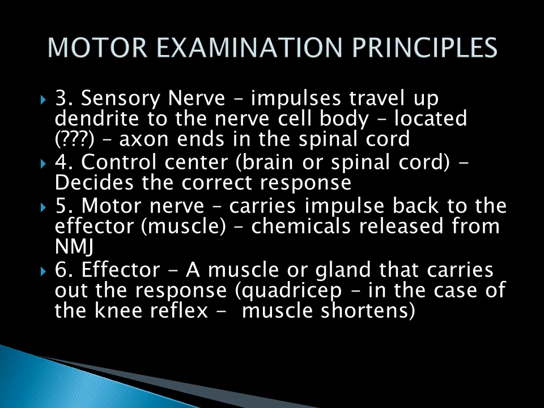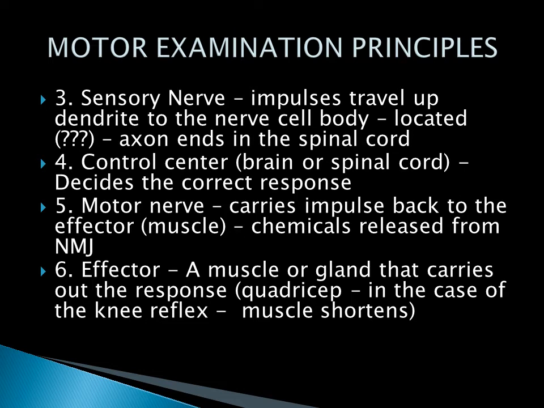Now, in the peripheral nervous system, the effector is a limited population of tissues. For the somatic nervous system, the effectors are skeletal muscles. And with the knee-jerk reflex, we are talking about skeletal muscles. We're talking about the quadricep muscles.